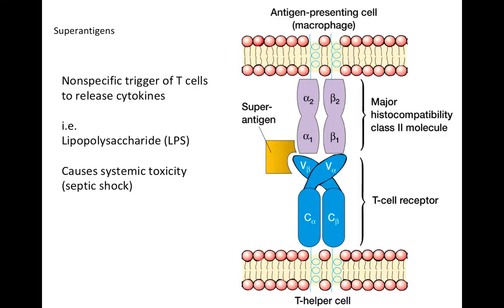So I want to jump back to something I talked about in the beginning, which was the LPS endotoxin acting as a superantigen. So I want to introduce what superantigens are, and what I've been stressing in the last few minutes in this video has been the intricate interaction of a MHC2 with a helper T cell receptor, right?